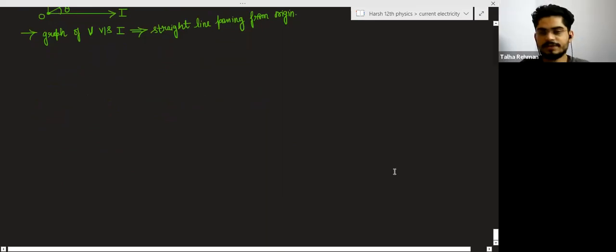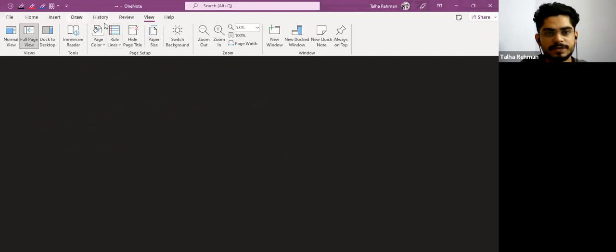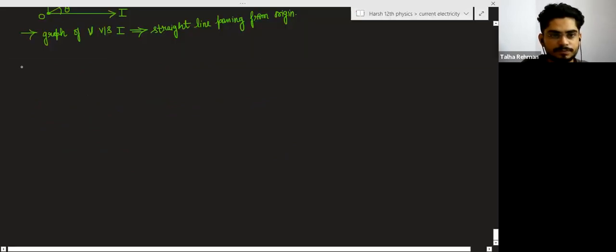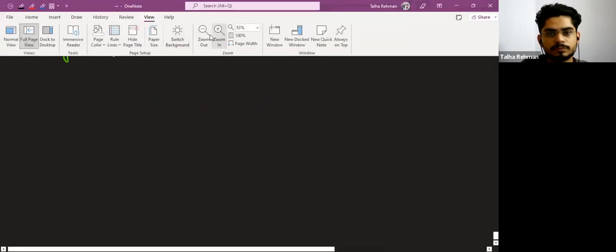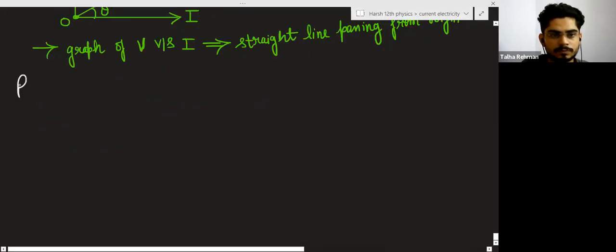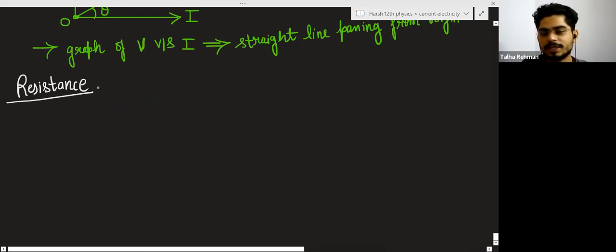Now we will define the resistance. What is the resistance? Resistance is the hindrance in the path of current. You can say it opposes the flow of current.